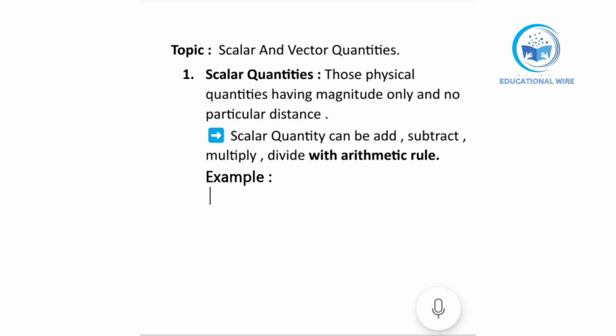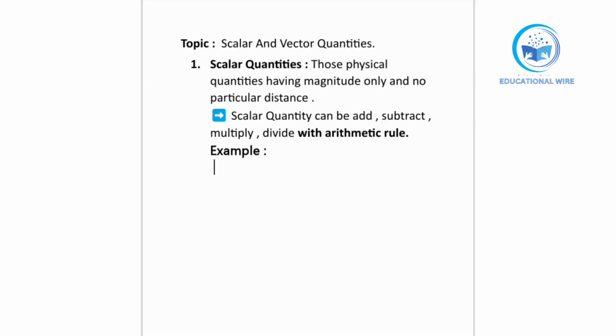So how is it a physical quantity having magnitude only, with no particular direction? I have one example. If I am writing here 3 centimeter, think that this line is of 3 centimeter.